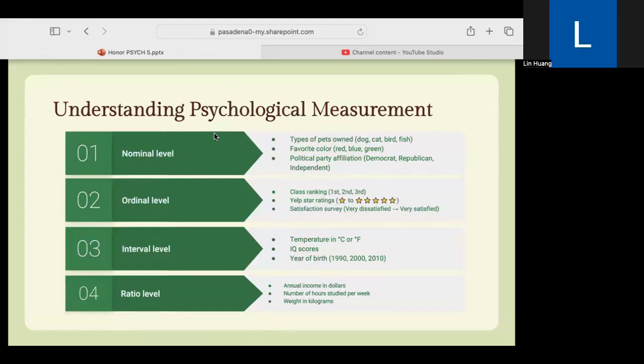More examples, the nominal level includes the types of pets you owned, dogs, cats, birds, or fish, and your favorite color. And the ordinal level includes the class ranking, Yelp star ratings, satisfaction survey from very dissatisfied to very satisfied.